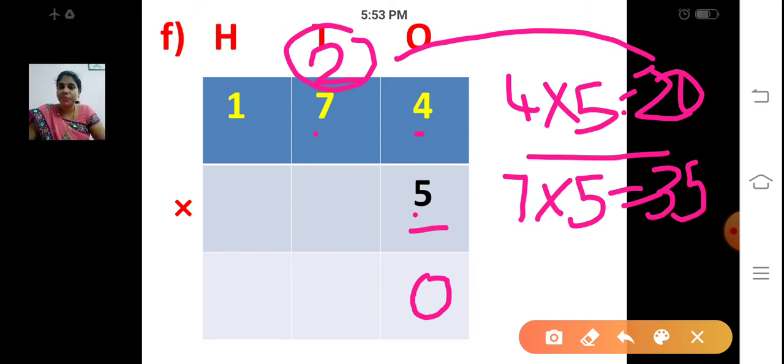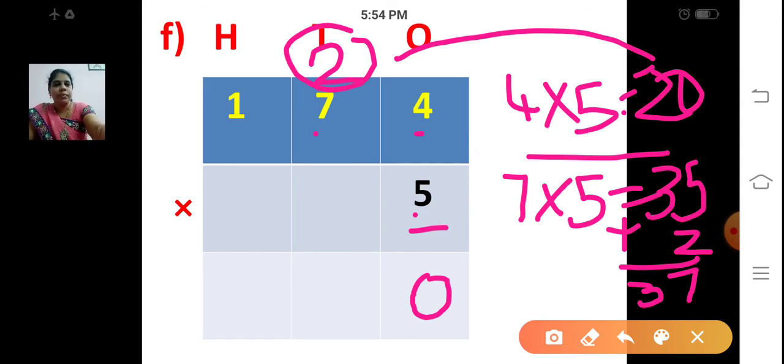What you have to do? Add the carried over part. So, 35 plus 2, 36, 37. Now, again, this is a 2-digit number, right? So, write 7 here. This 3 will be carried over here.